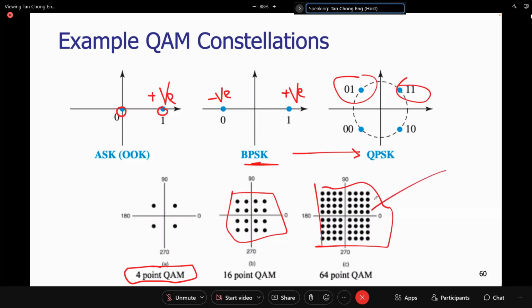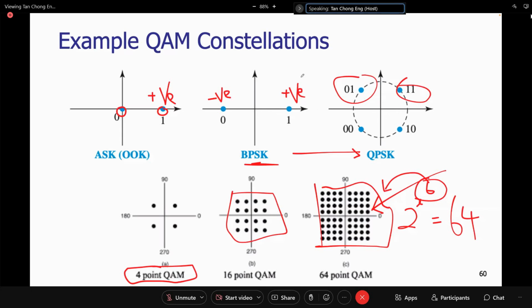This one is using 64 QAM: 2 to the power of x equals 64. So 2 to the power of what is equal to 64? 2 to the power of 6, right? So 2 to the power of 6 is equal to 64, this means this guy can carry 6 bits of data in one slot.